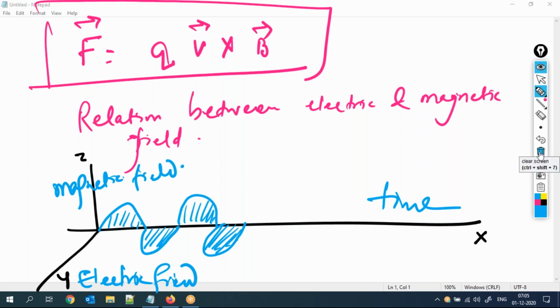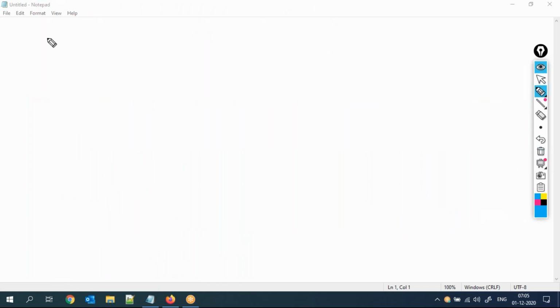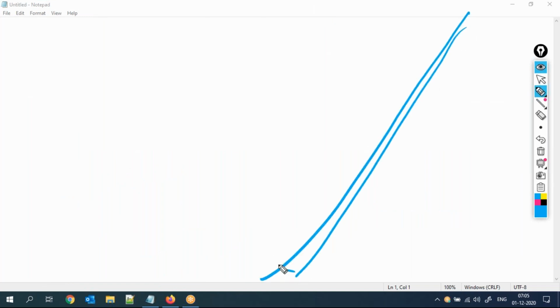But the most important thing is how to remember F equal to QVB. So remember, suppose an electron is passing through this, right?